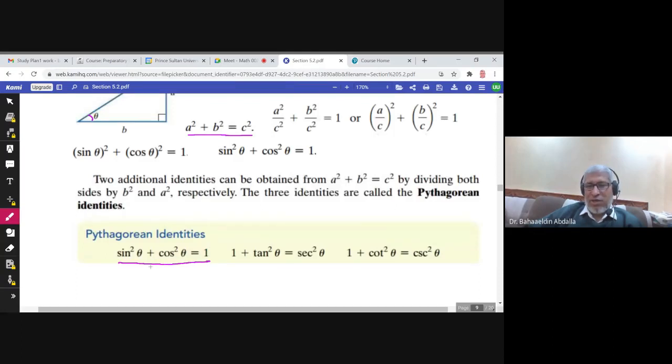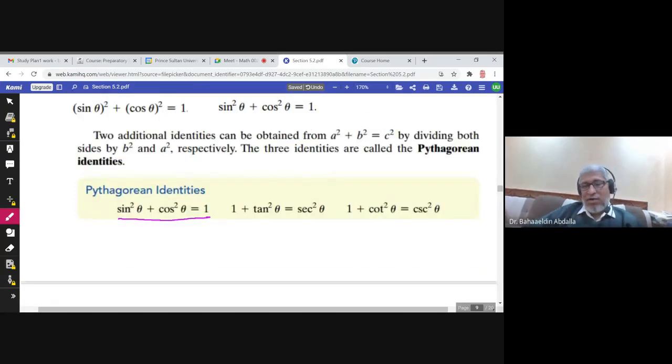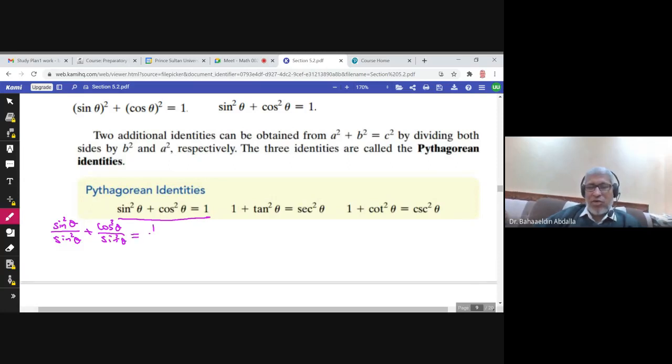Now, instead of dividing by c square, if you divide by a square, you will get another identity. And if you divide by b square, you will get another identity. Or from the first one, which is the most important one, sine square plus cosine square equals 1, if you divide this equation by sine square, so sine square theta over sine square theta plus cosine square theta over sine square theta equals 1 over sine square theta.